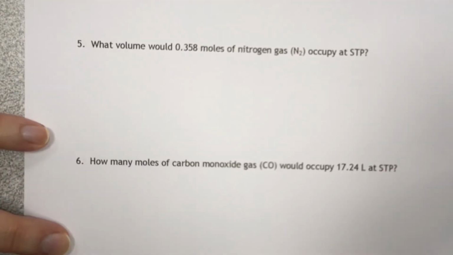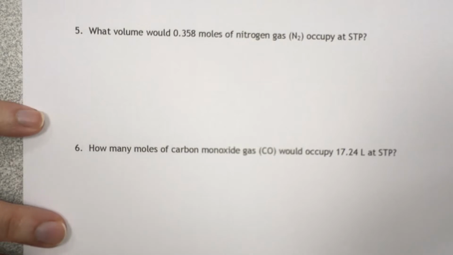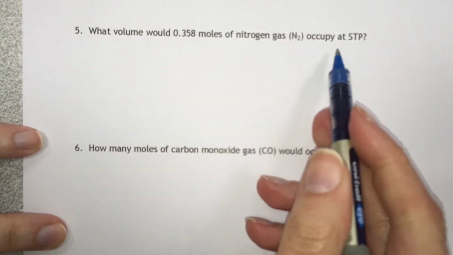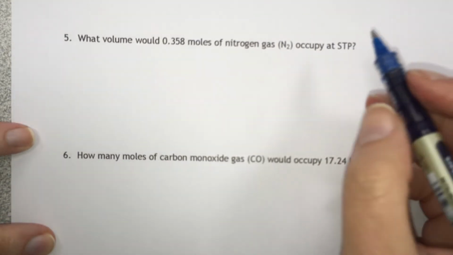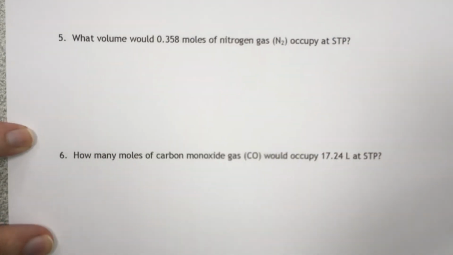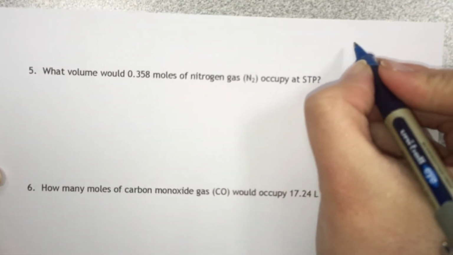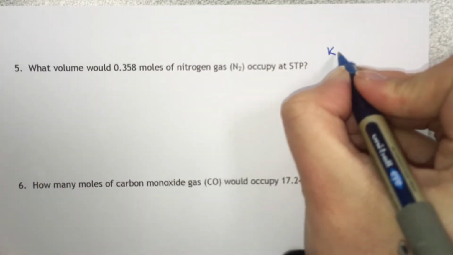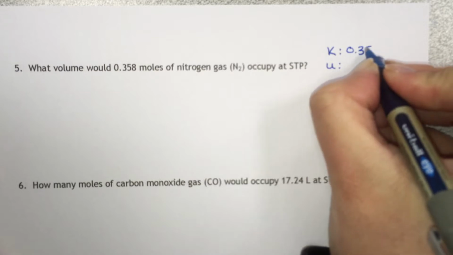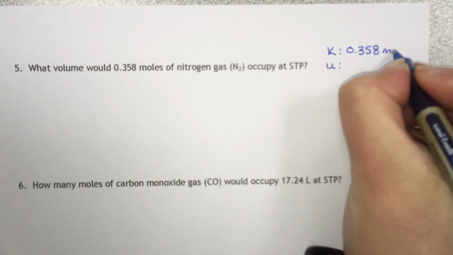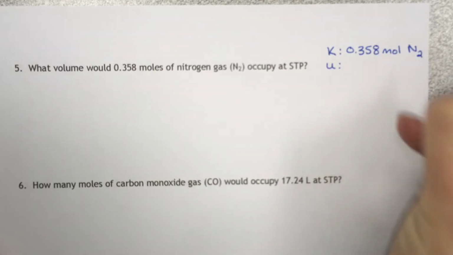All right. Next, what volume would this many moles of gas occupy at STP? So we're going from moles to volume. So our known and unknown. Our known is 0.358 moles of nitrogen gas.